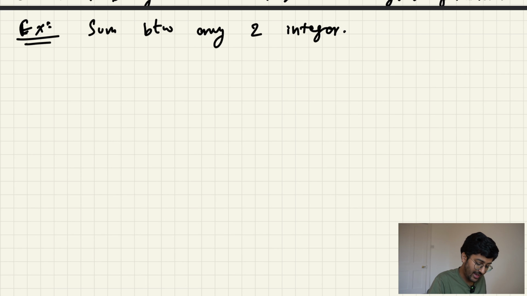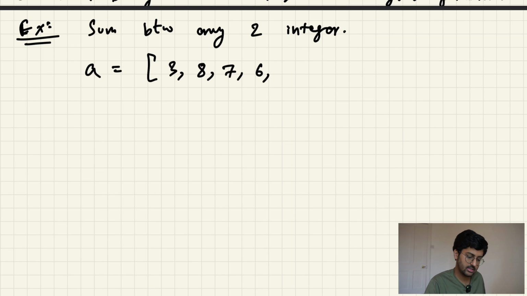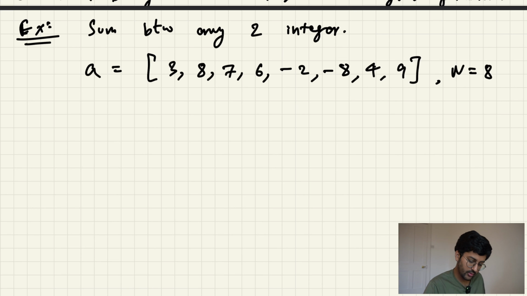Let's say the array is given to us as something like this: 3, 8, 7, 6, minus 2, an unsorted, random array, whatever you want to call it. It can have duplicates also, no problem. The total size of the array, n, is equal to 8. 1, 2, 3, 4, 5, 6, 7, 8. Indices I'll write down as 0, 1, 2, 3, 4, 5, 6, 7.